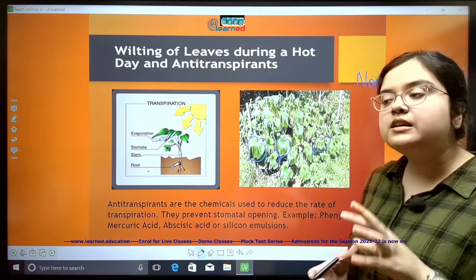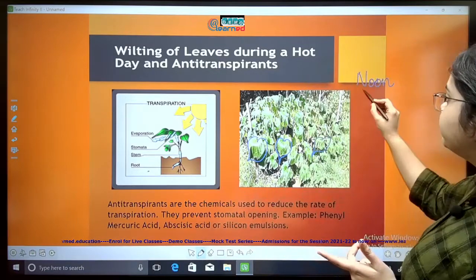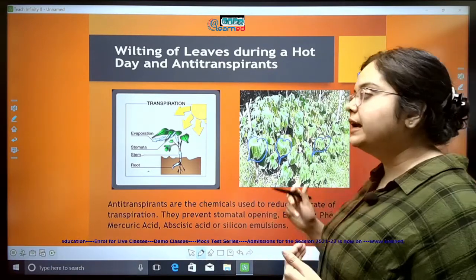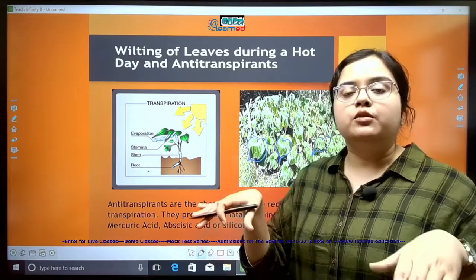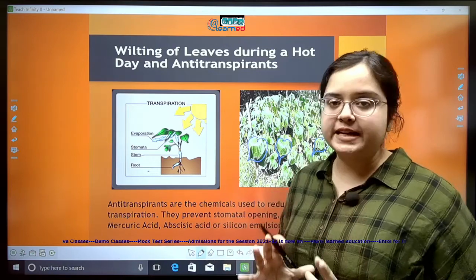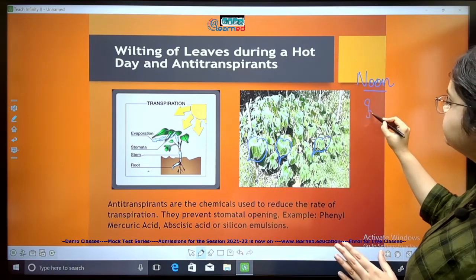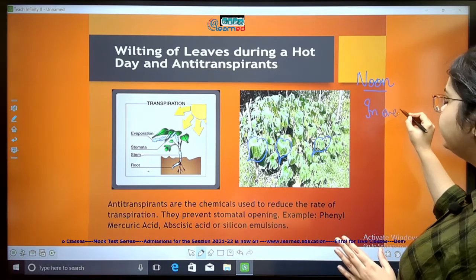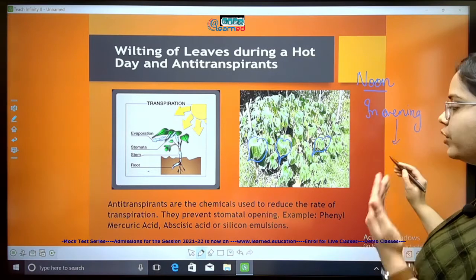Now, this is not a continuous or permanent thing. In the afternoon when the temperature is very high, wilting takes place, and again in the evening the plants go back to their original form.